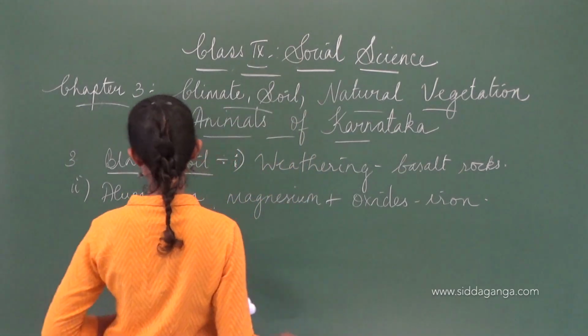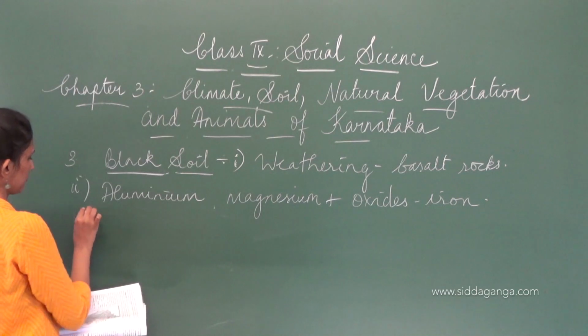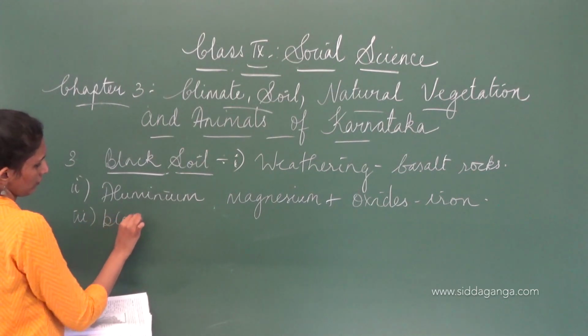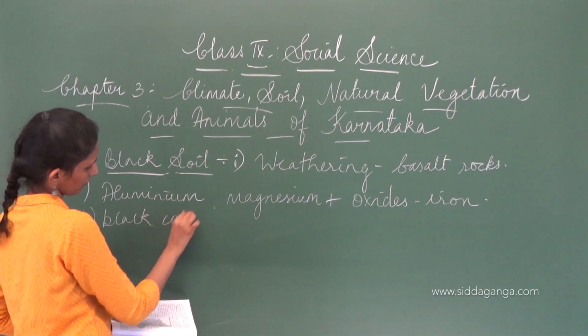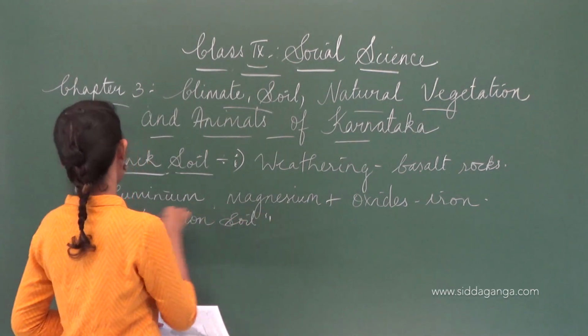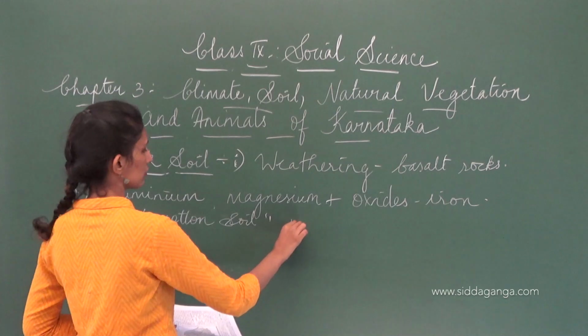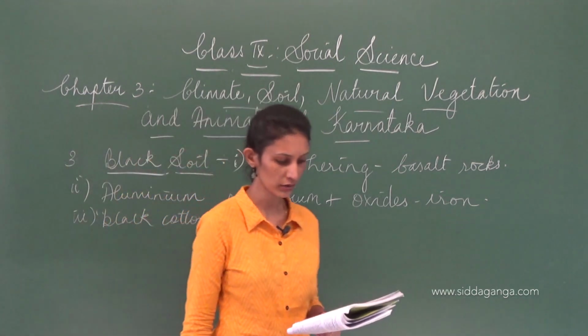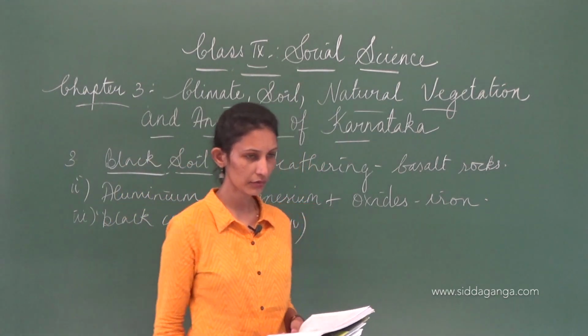It's also called black cotton soil, because cotton is grown in it.